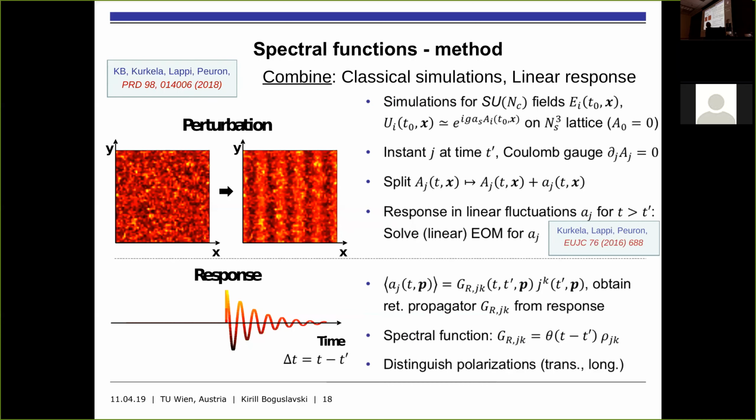What you do is you perturb it at some time with an instant source. So at some time you perturb it, and this is similar to linear response theory. So it's a delta function in time.